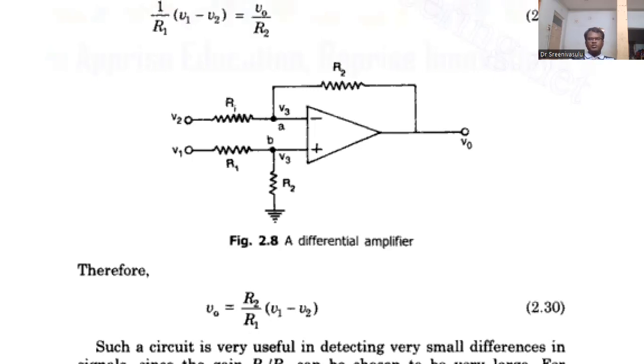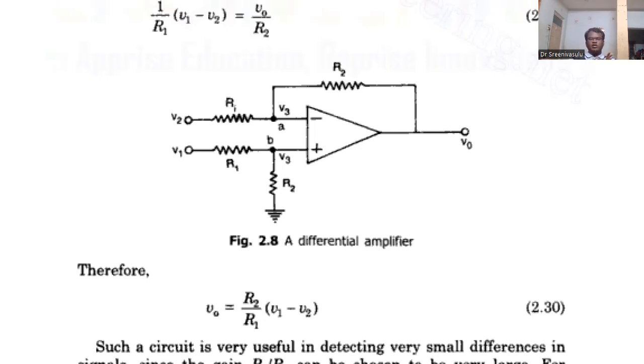The voltage difference between the two terminals, that is non-inverting terminal and inverting terminal, is 0. The voltage difference between non-inverting and inverting terminal is 0. And either of the input terminals draws no current. So, these two are the basic conditions.